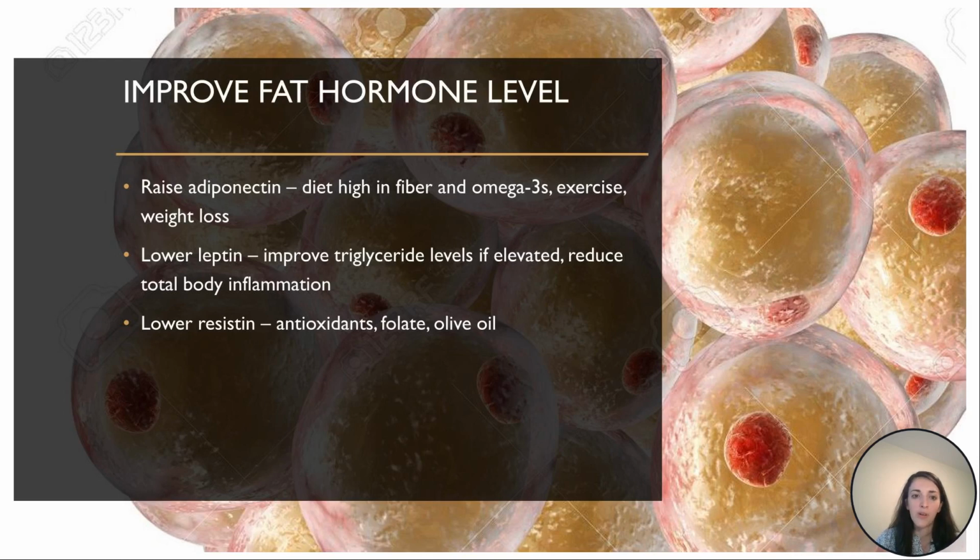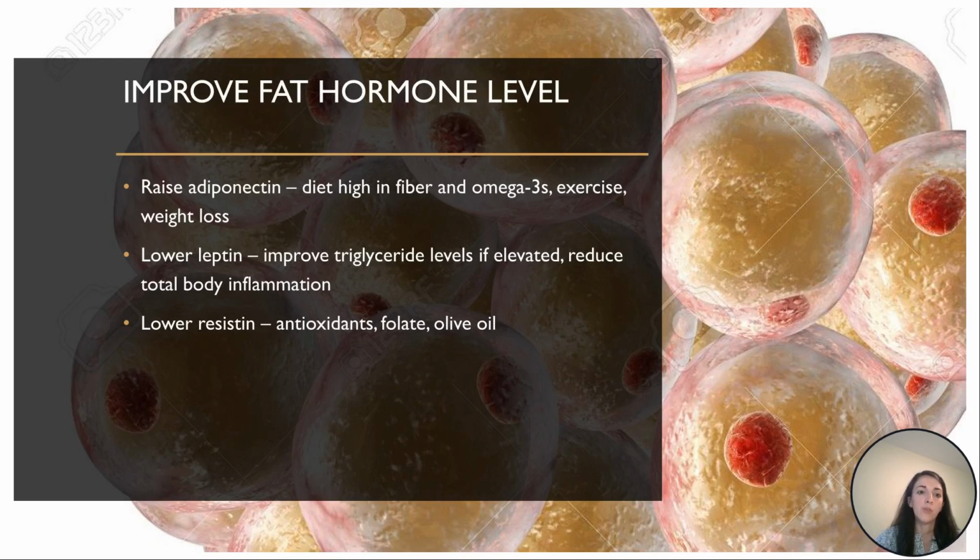But a diet high in fiber and omega-3s, exercise, and weight loss have all been shown to help raise adiponectin, and that therefore lowers inflammation and reduces endothelial dysfunction. To lower leptin levels, we want to improve triglyceride levels if they're elevated. If you have high triglyceride levels, it could be impacting leptin levels as well. And there are some natural ways to do that.